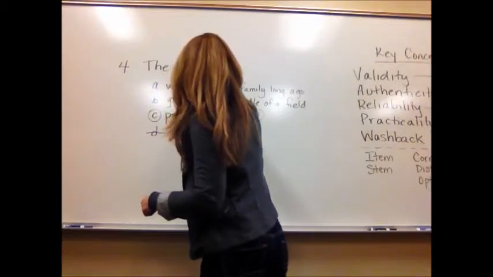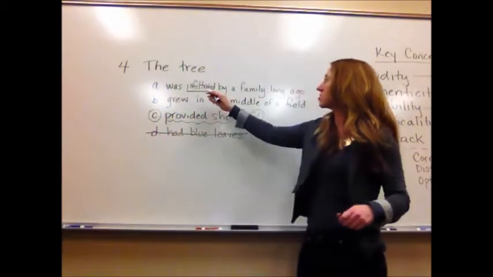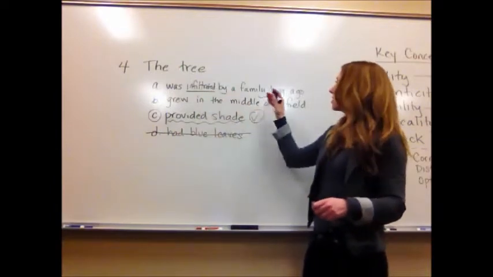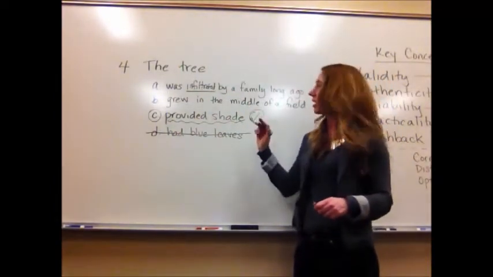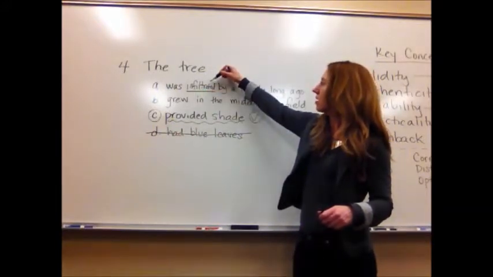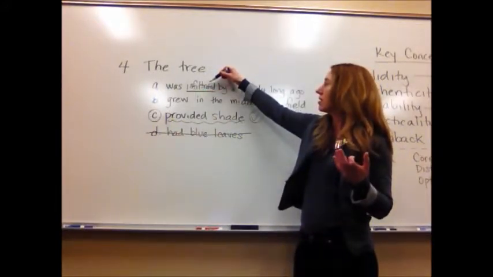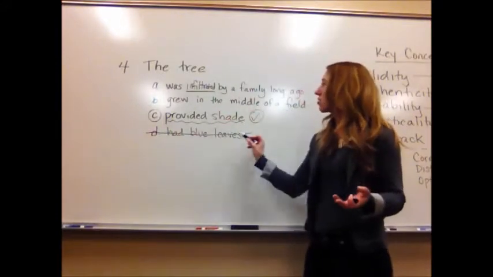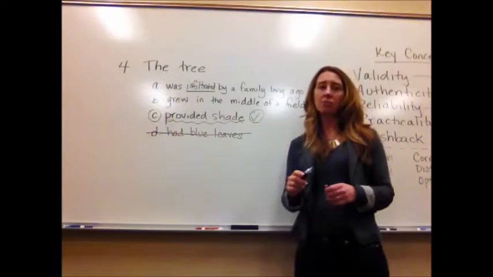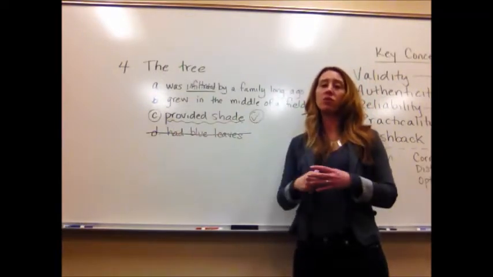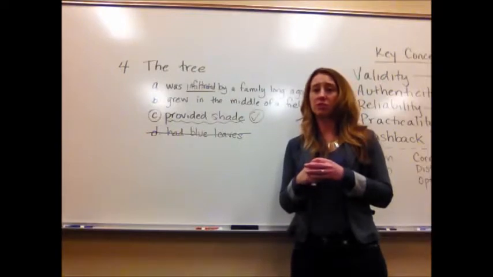I'm putting in a word that doesn't make sense here, but just to demonstrate difficulty. Was infiltrated by a family long ago, okay? So now you have a word. This is a high advanced word in English, and none of the other words in the other options are that difficult. So you want parallelism, you want them all to be about the same level of difficulty.